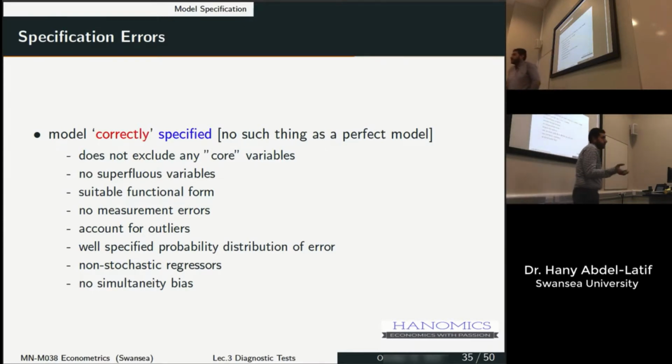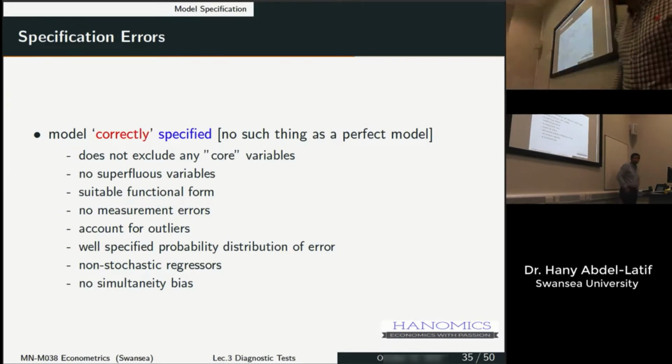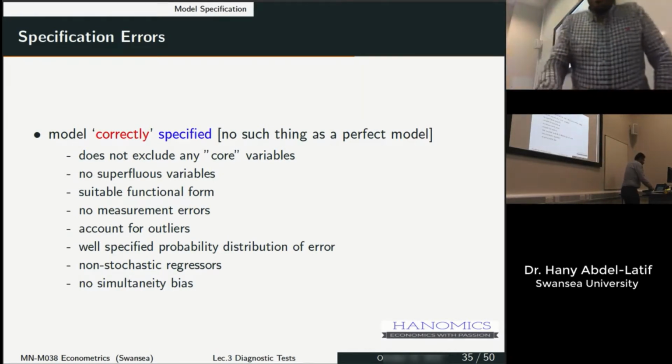Is it linear? Is it log-lin? Is it lin-log? Is it log-log? Etc. There should be no measurement errors when measuring your variables, y and x's. And you should account for outliers, the probability distribution of your errors, and non-stochastic regressors. You have fixed regressors in repeated samples, and no simultaneity bias.